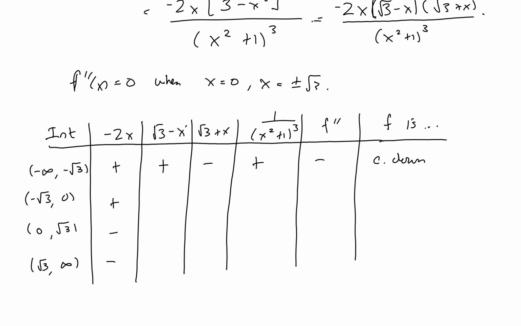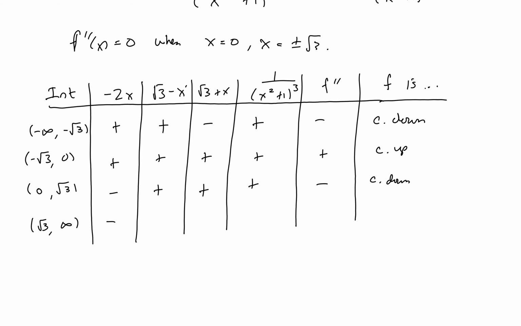In this case, if I take something less than root 3 and subtract it, this will be positive, this will be positive, this is positive, this is concave up. And now this will be positive, because I'm subtracting something smaller. This will be positive, positive, negative, so concave down. And then finally, this will be negative, this will be positive. This will be positive. So I have a negative times a negative, so this is positive, so this is concave up.